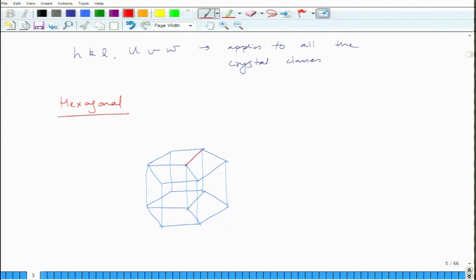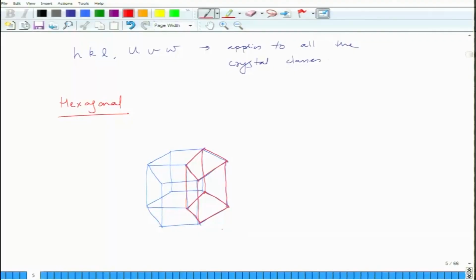This is the individual unit cell. It is not drawn very nicely, but I hope you can see what I mean. This is 1/3 of the hexagonal unit cell, which is a single unit cell. This single unit cell can be represented very well by the 3 axis system, by HKL and UVW.